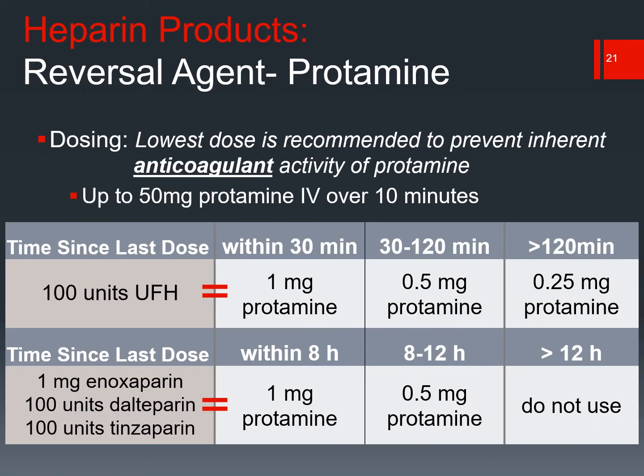You are not responsible for this dosing, but I want you to understand that we use the lowest dose that's recommended based on the timing of the last dose and the type of drug that was administered and the dose that was administered. So we do have a calculated table here that takes into account when the last dose was given, what drug was given, and what dose of that drug was given as to how much protamine we should give.